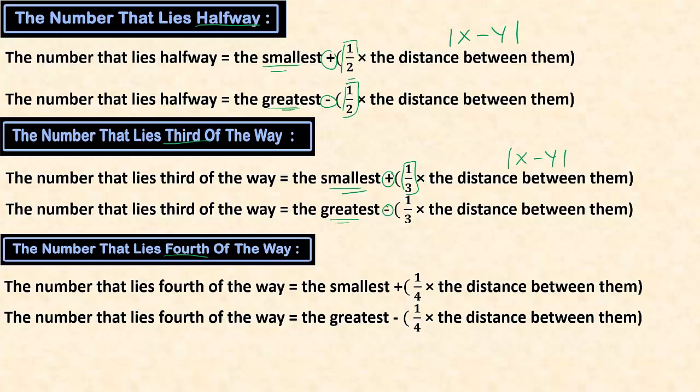What about 1/4 of the way? If 1/4 of the way from the smallest number, then the smallest number plus 1 over 4 times the distance between them. And if from the greatest side, so the greatest number minus 1 over 4 times the distance between them. As you can see, they are all the same equations. We only change half, 1/3, and 1 over 4.